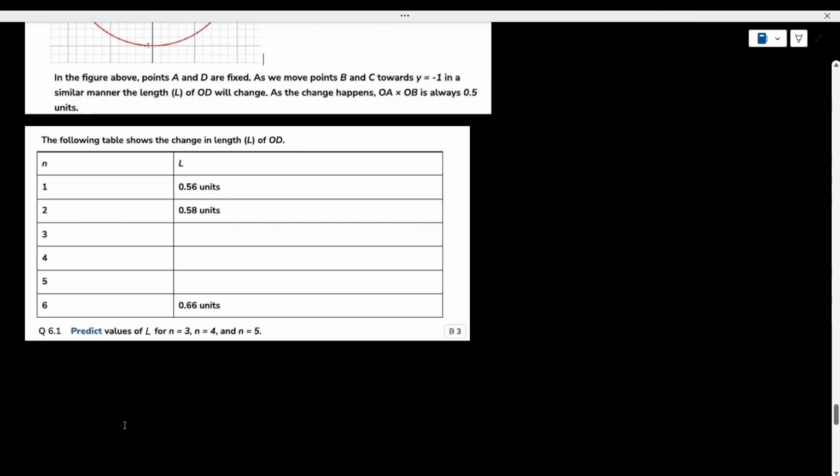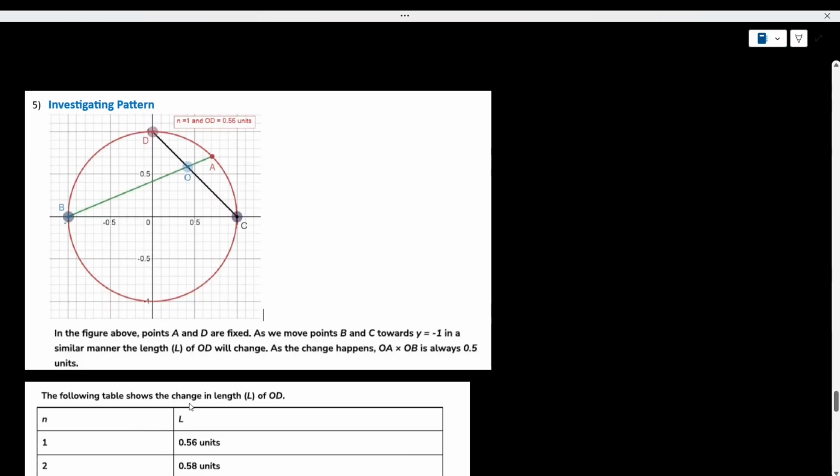So see, this is one of your investigating pattern questions. What is written here? There is a circle. In this figure, points A and D are fixed. You'll see that these places of A and D are fixed.